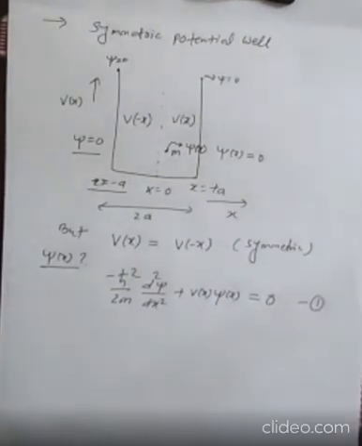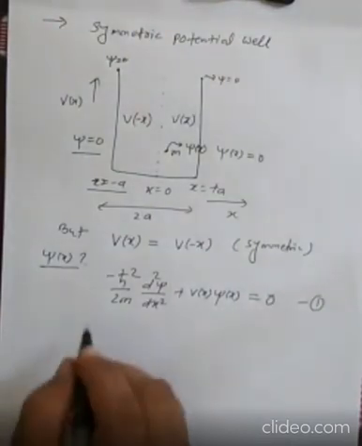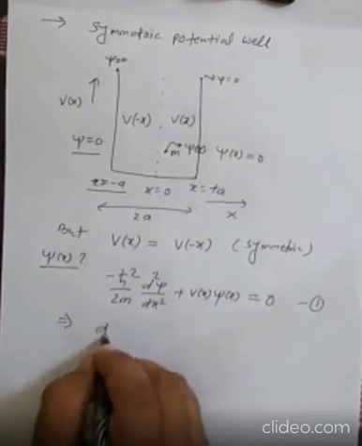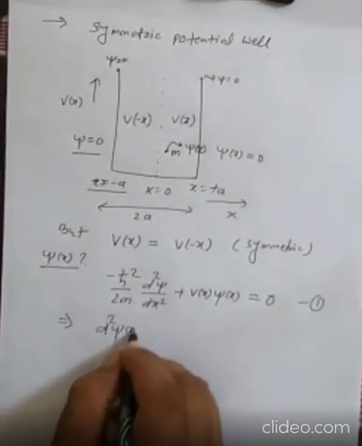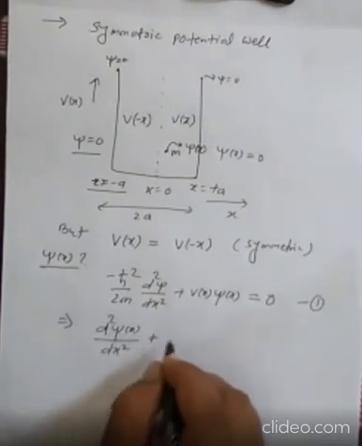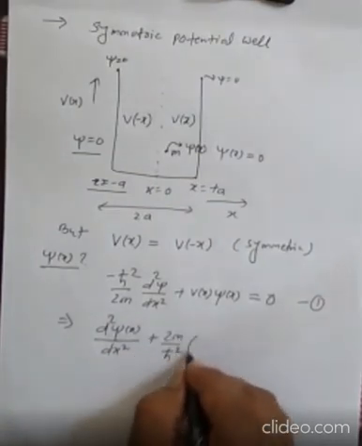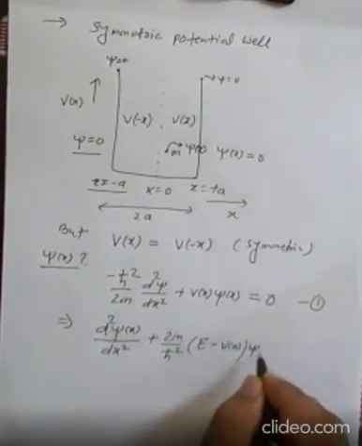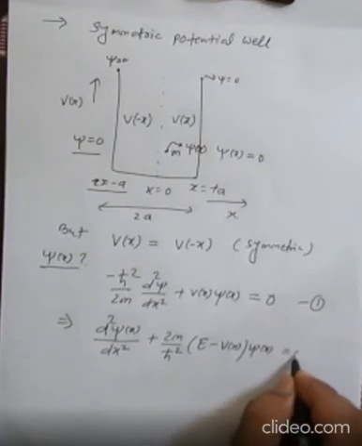Equation number 1. Or we can write it in general form: d square psi by dx square plus 2m over h cross square, (E minus V(x)), psi(x) equal 0.